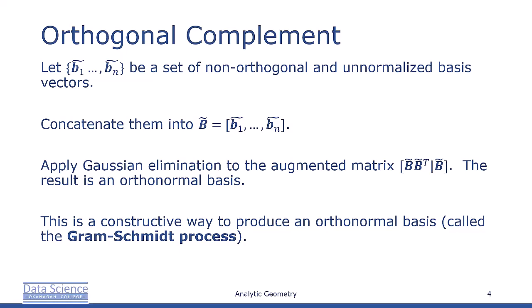We can then apply Gaussian elimination to the augmented matrix B tilde transpose B tilde, and what we get is an orthonormal basis in terms of the rows of the new B tilde. This is a constructive way to iteratively build an orthonormal basis. We generally refer to this as the Gram-Schmidt process.